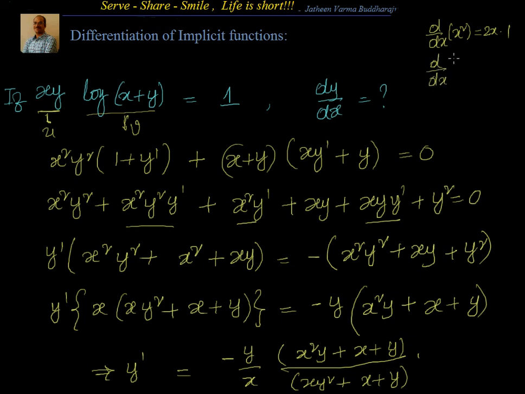But when you do the derivative of y square, you will have 2y and the derivative d by dx of y, which is nothing but y dash. So y dash will always be with you whenever you differentiate a term involving y. So that's the summary of differentiation of implicit functions.